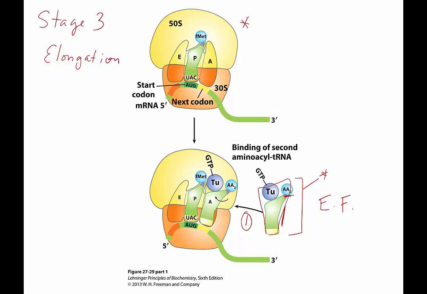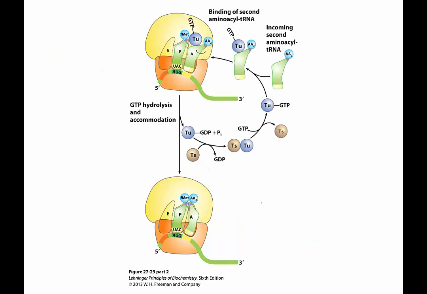There is another elongation factor that is involved in this step, and we don't really see it unless we go to this next slide, and we see what is sometimes referred to as the TU-TS cycle. Basically, when GTP is hydrolyzed, you get TU-GDP bound. To get GTP bound again to TU, you have this elongation factor TS, and it will exchange for the GDP. So TS will bind in place of GDP, and then GTP will bind in place of TS.